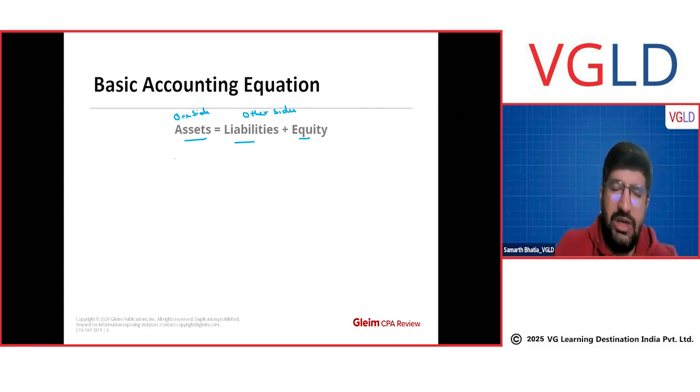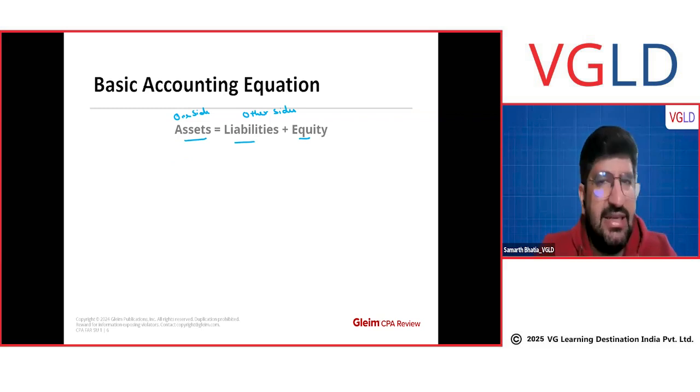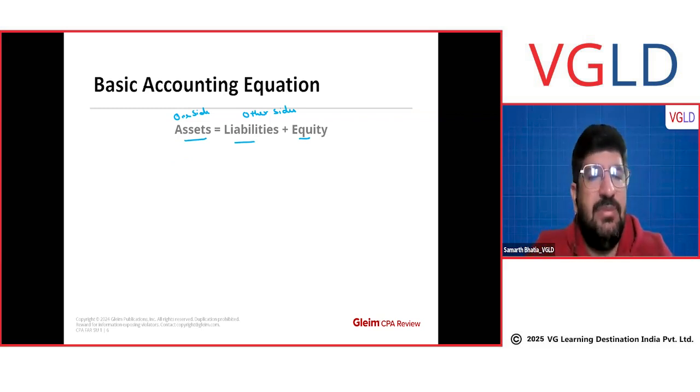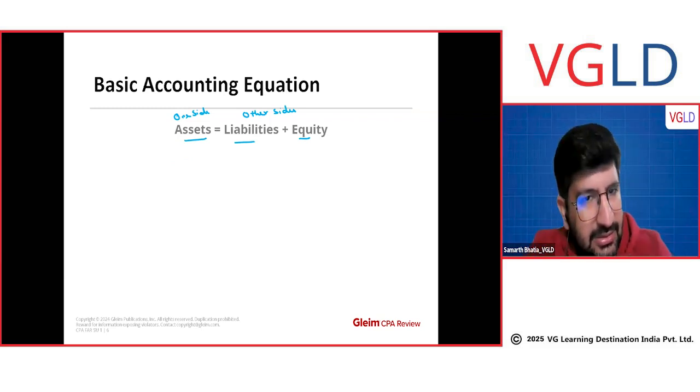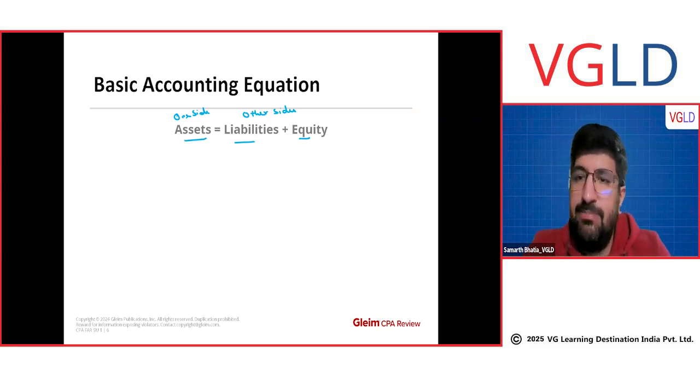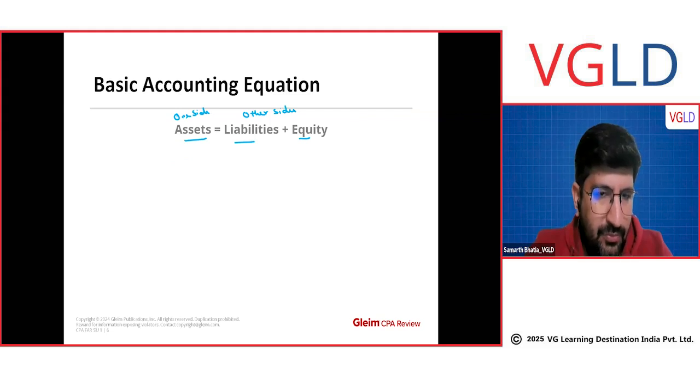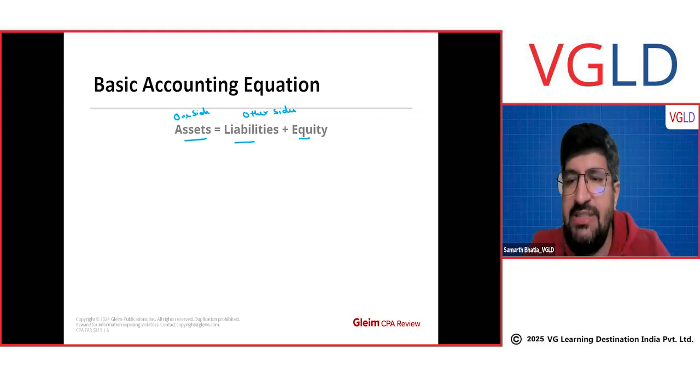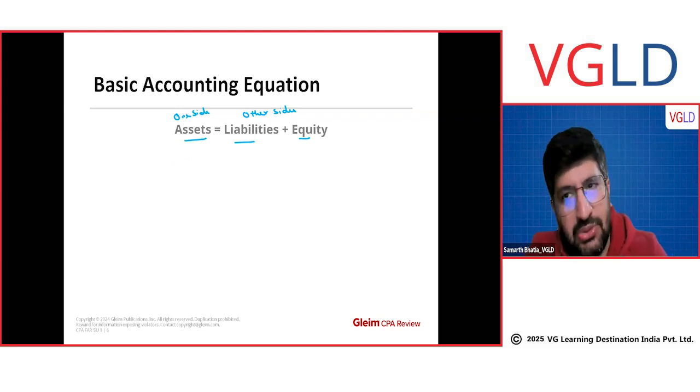Whatever the total of assets is, it will be equivalent to the total of liabilities and equity. So we combine the liabilities and the equity, and the total is equal to total assets.